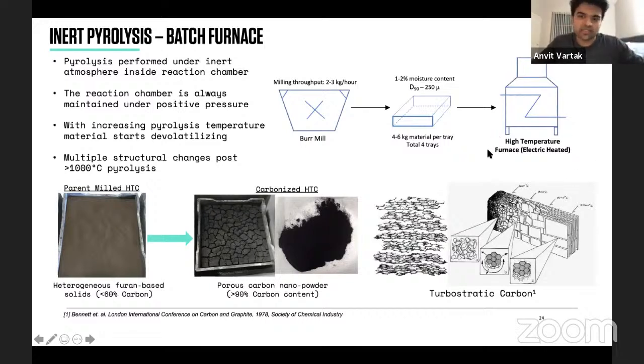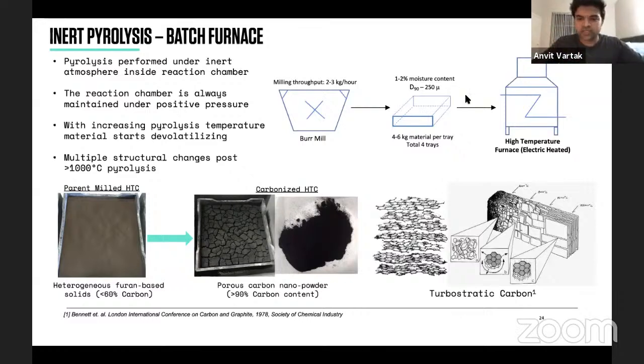We use a specialized high temperature furnace that is explosion proof, capable of inerting, and getting to really high temperatures greater than 1000 C.